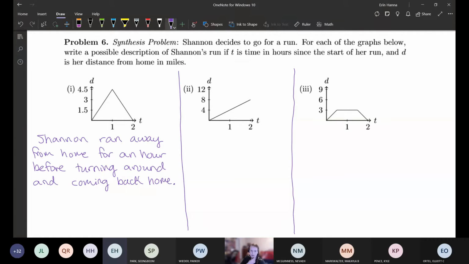And then maybe if I wanted to also put in there the fact that there was a distance, I could also add on she ran 4.5 miles in each direction.